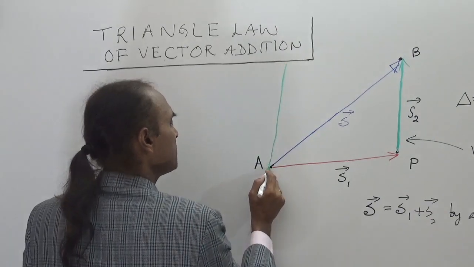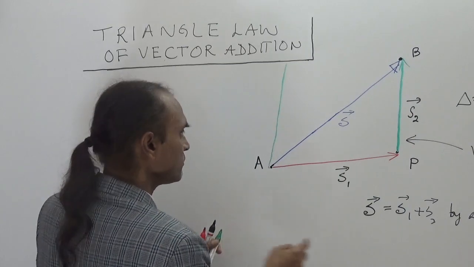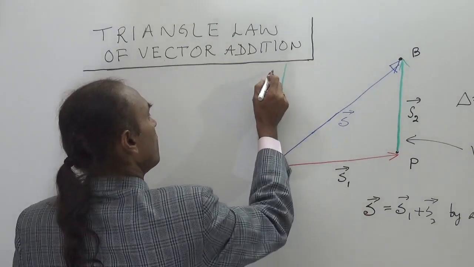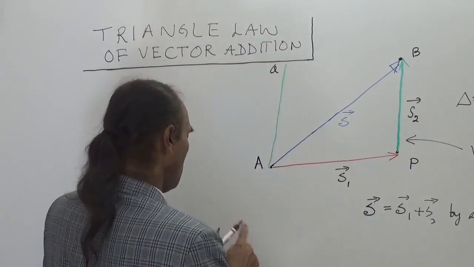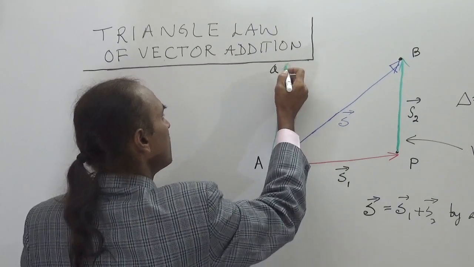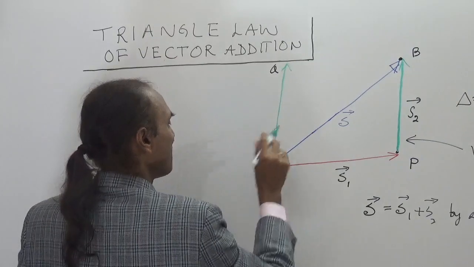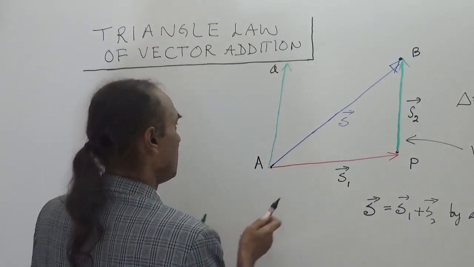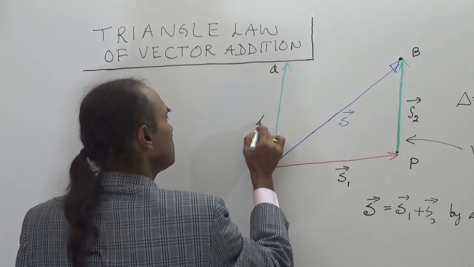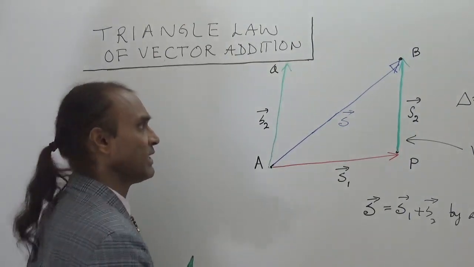It is the actual displacement from A to say point Q. This vector AQ is equal to the vector S2, because you are undergoing the displacement S2 exactly.